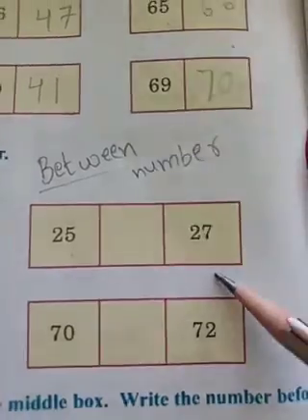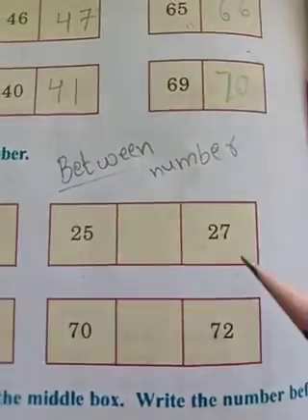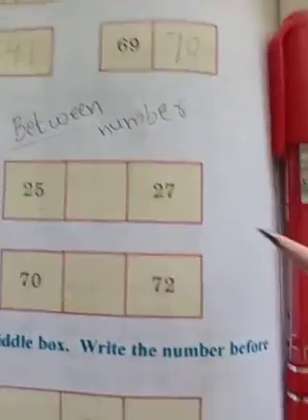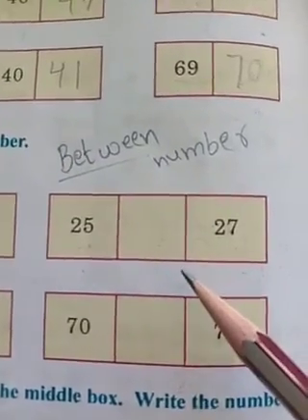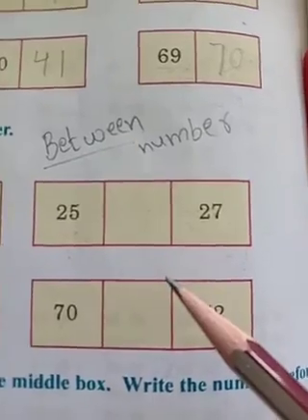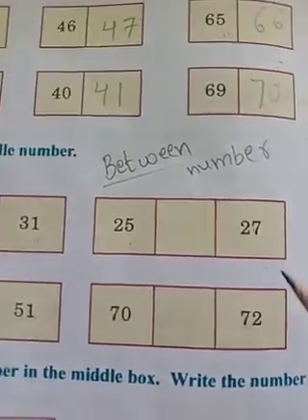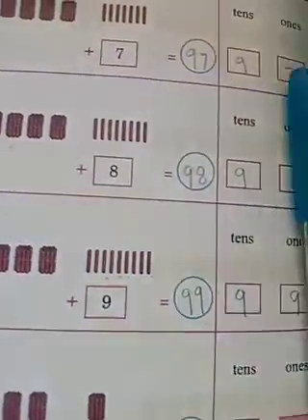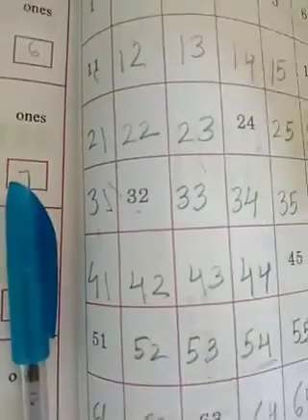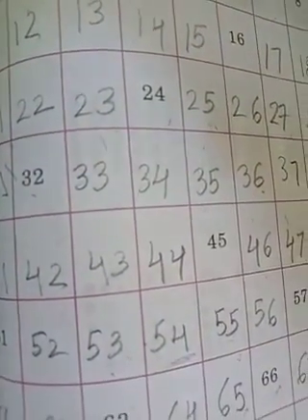TWENTY 20, SEVEN 7. 27. 25 and 27, between number. Between number is what children? 25 and 27.